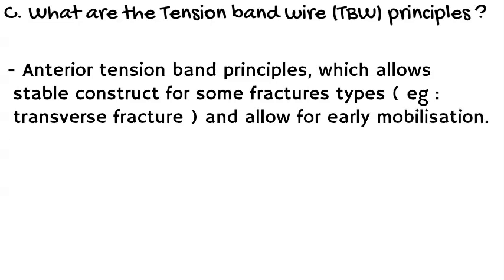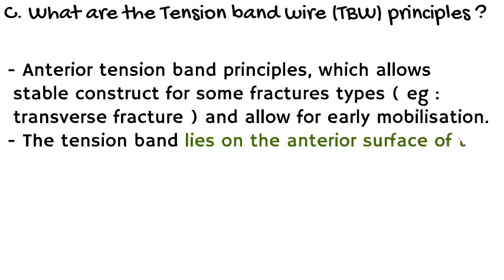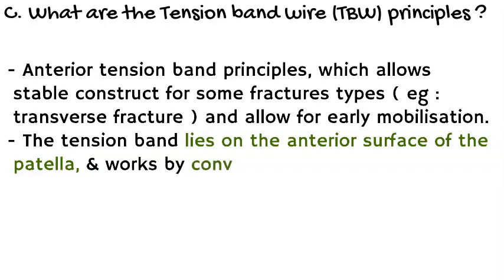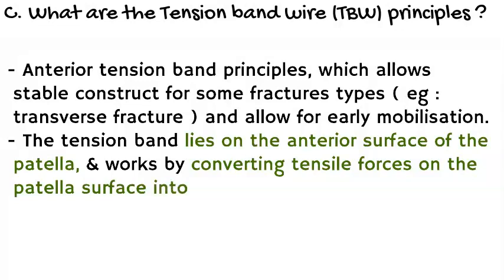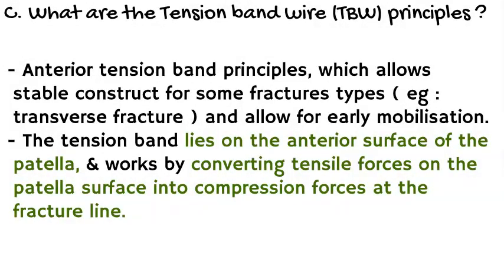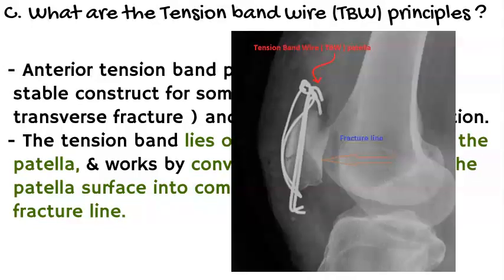The tension band lies on the anterior surface of the patella and works by converting a tensile force on the patella surface into a compression force at the fracture line. This figure shows the X-ray lateral view of a tension band wire patella post-fracture fixation. There's the fracture line there.